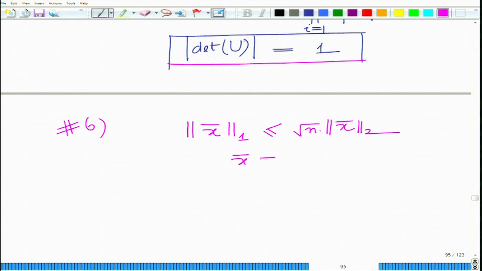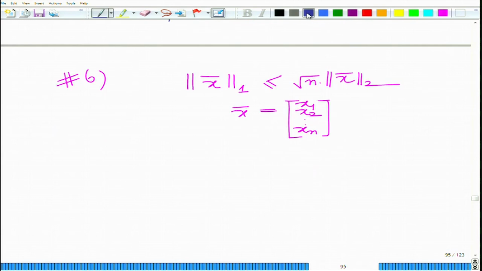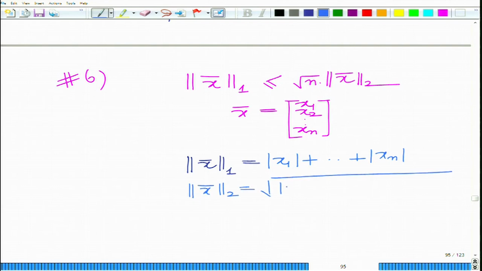Now, if x bar is a vector with elements x1, x2 up to xn, remember the one norm is simply the sum of the magnitudes: magnitude x1 plus magnitude x2 up to magnitude xn, and the 2 norm is the square root of magnitude x1 square plus magnitude x2 square and so on, plus magnitude xn square.